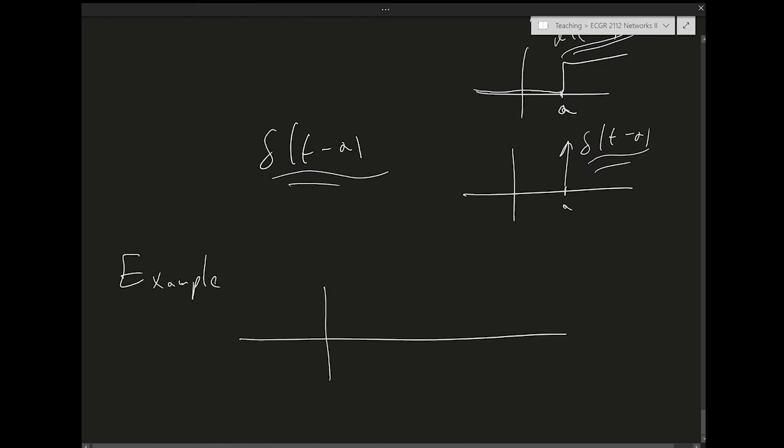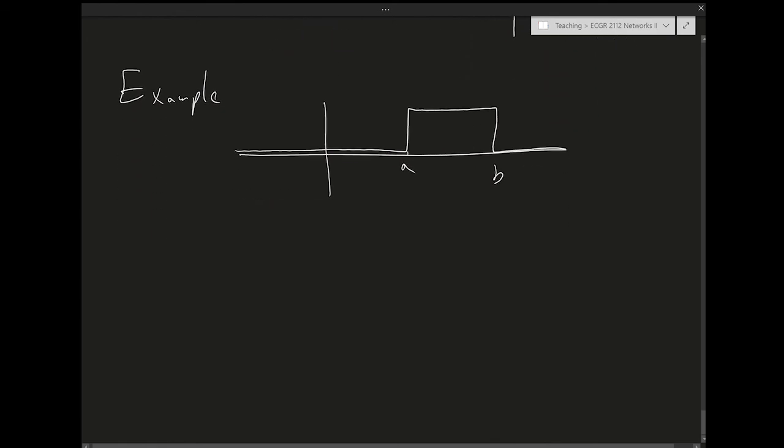Example, let's say I have this function, a pulse. Can I write this in terms of u of t? Yeah, I can. So this is f of t, which is just u of t minus a, this is u shifted to a, minus u of t minus b. You can inspect that, right?